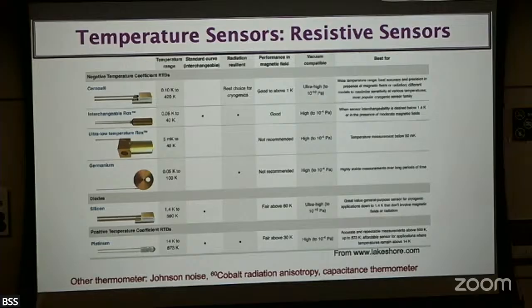But I want to mention there are many other thermometers, because I spent a lot of time studying Johnson noise. My plan was to put a metal junction directly on top of my sample, so that it would have excellent thermal contact and very small mass, and then measure Johnson noise and then measure thermal conductivity.